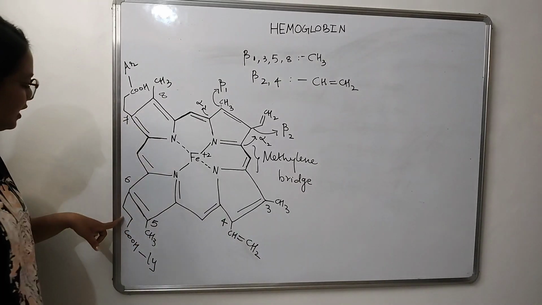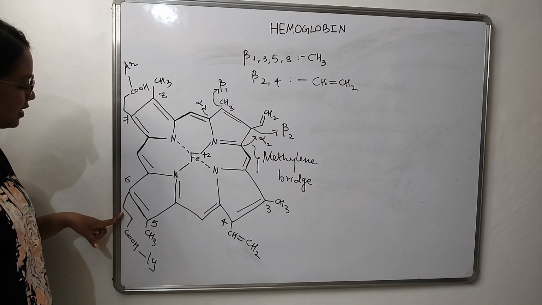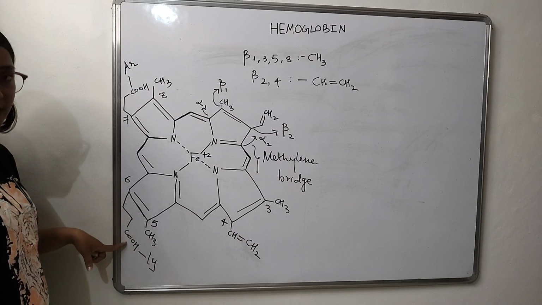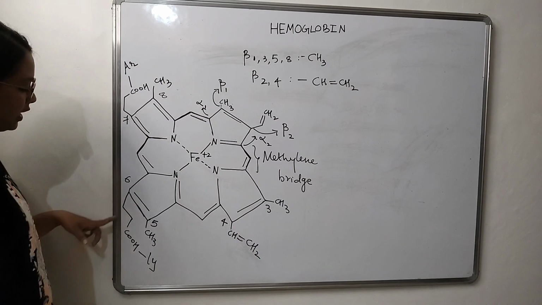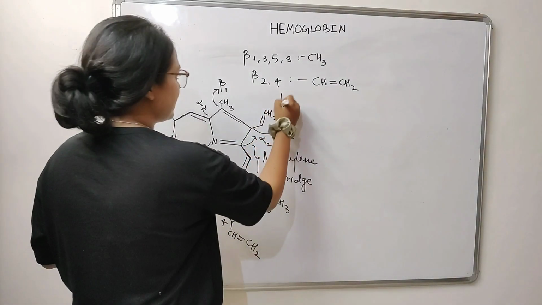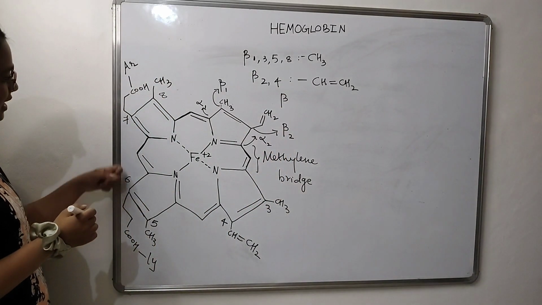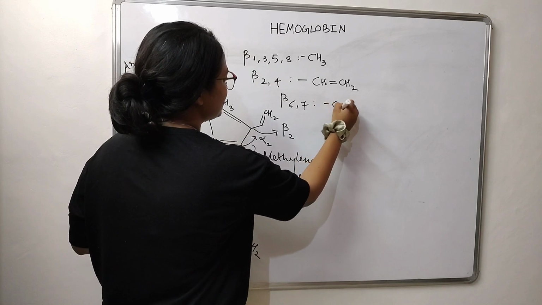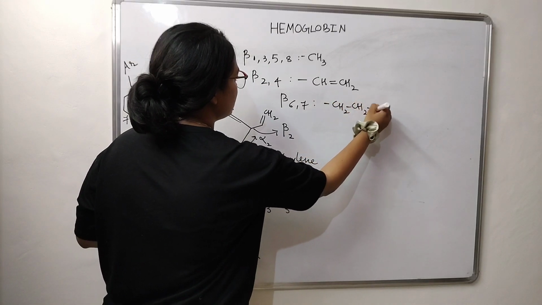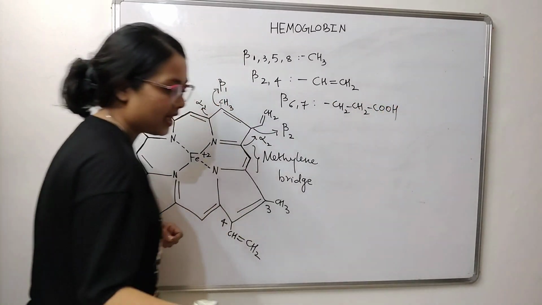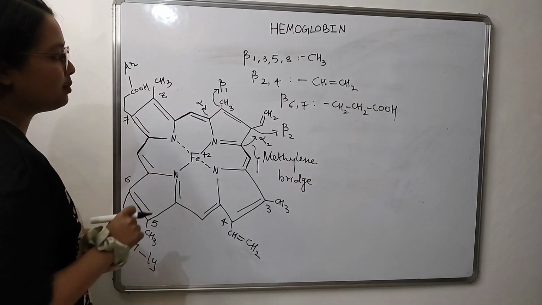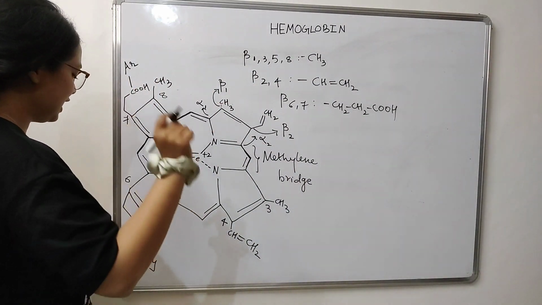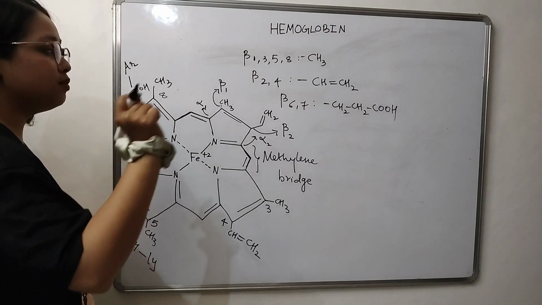Now finally, can you see this particular group over here? It is nothing but your CH2CH2COOH, which is propanoic acid. Propanoic acid is present at beta 6 and beta 7. There is more to it.